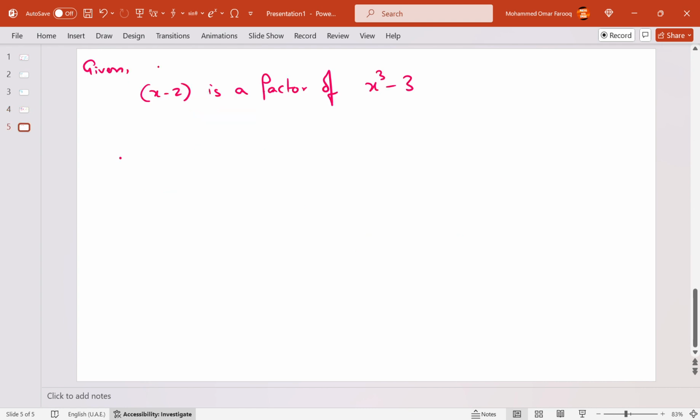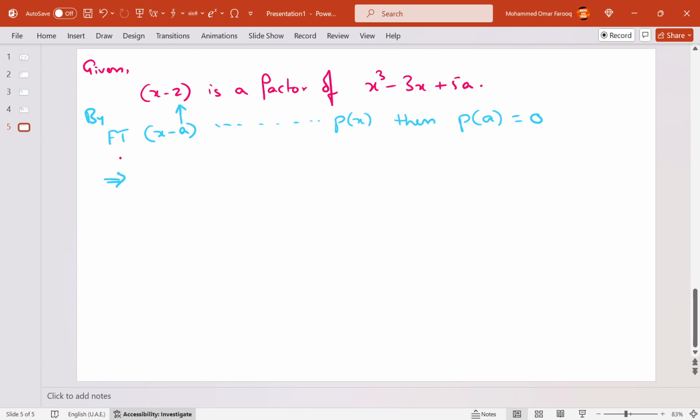Now try to understand by the factor theorem: if x minus a is a factor of p of x, then p of a will become 0. That means if you substitute the value of a in the given polynomial, the value becomes 0.